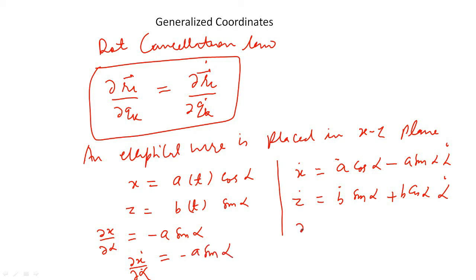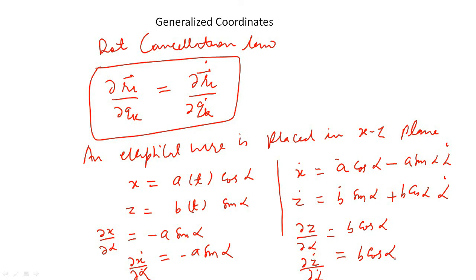Similarly, ∂z/∂alpha is equal to b cos alpha, and ∂z dot/∂alpha dot is also equal to b cos alpha.